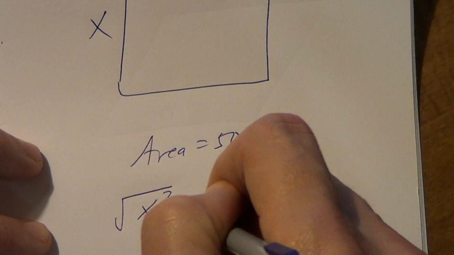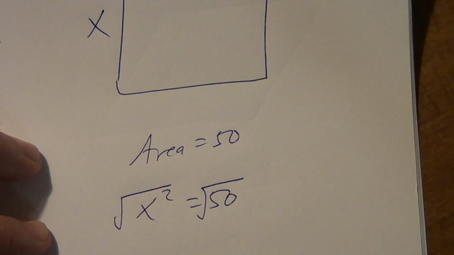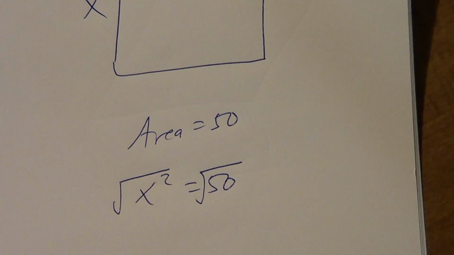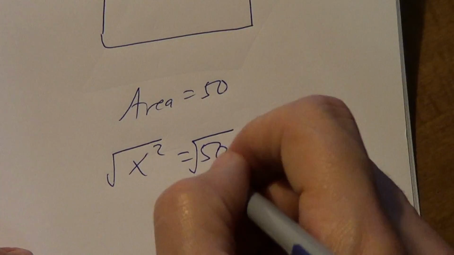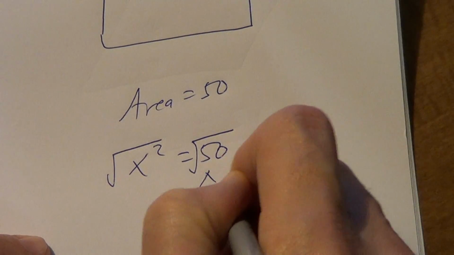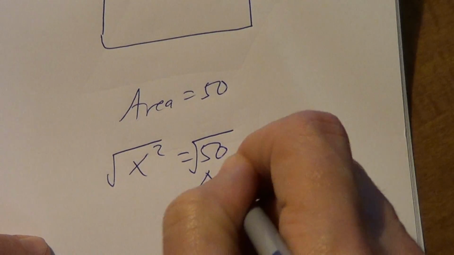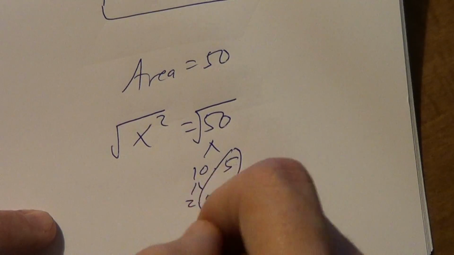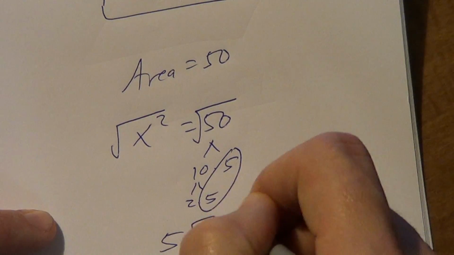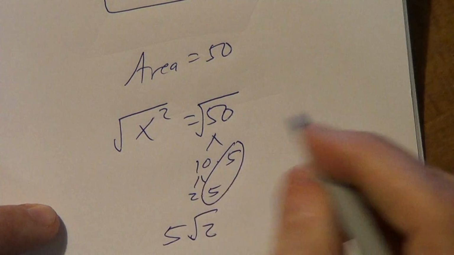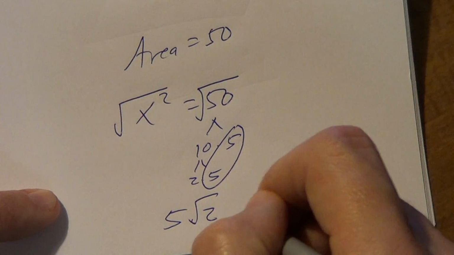Square root. No decimals. I don't want 7.07 for an answer. If you give me 7.07, I'm going to mark it wrong unless I specifically tell you to round. So break it down. 10 times 5, 2 times 5, pairs. Pairs go outside, singles stay inside. 5 root 2. It said square yards, so this must be yards.